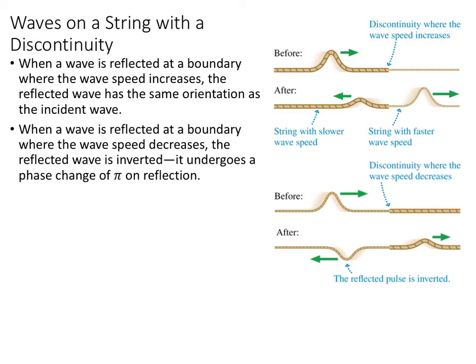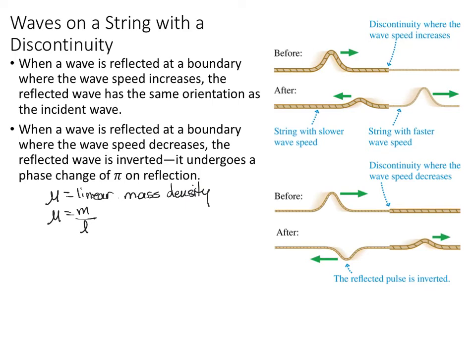And when my wave comes to this boundary, if it goes from a large density to a small density, and remember, mass per unit length is just the linear mass density, we call that the linear mass density.